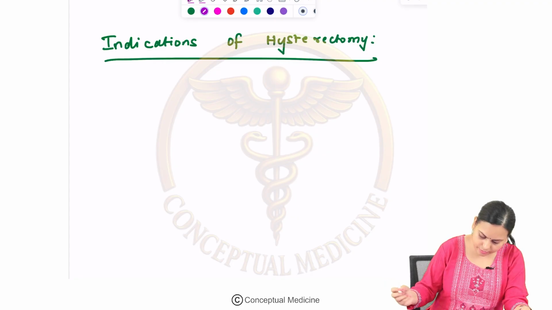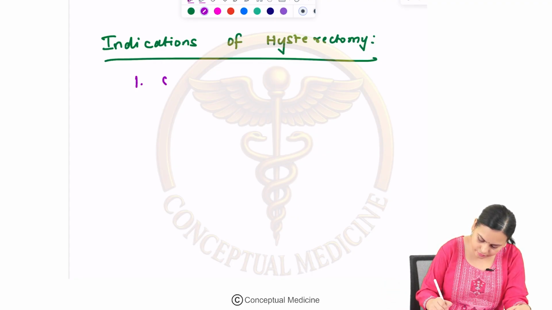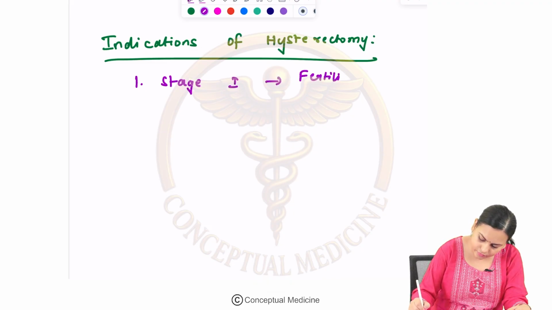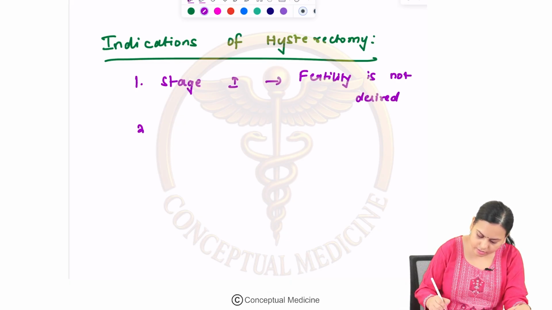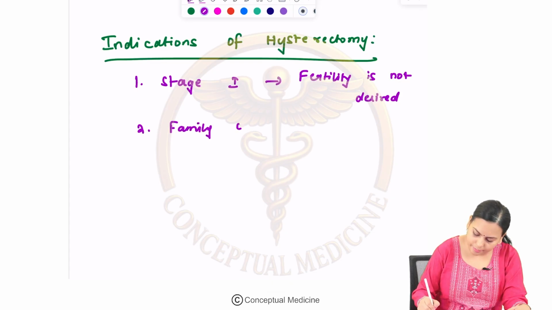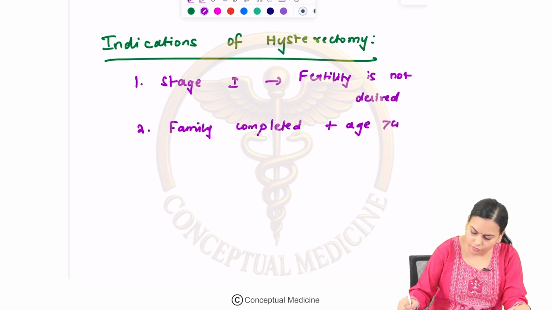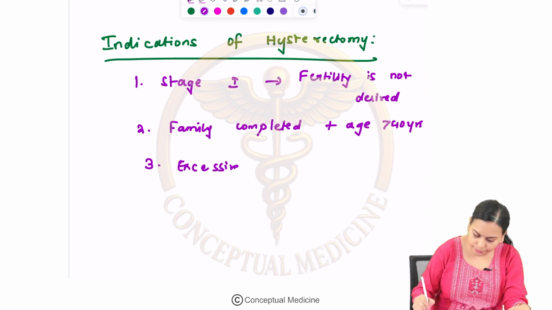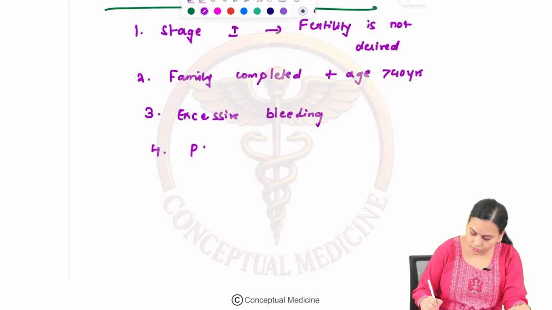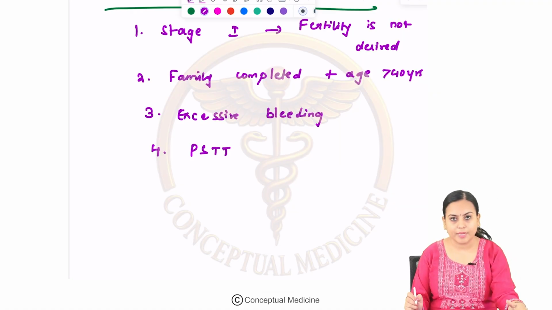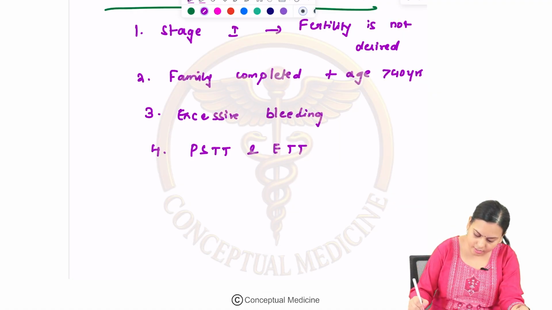So, indications of hysterectomy will include stage 1 disease where fertility is not desired, and when the family is completed for the woman and her age is above 40 years, and next one when she has excessive bleeding, then also in cases of placental site trophoblastic tumor and epithelioid trophoblastic tumor.